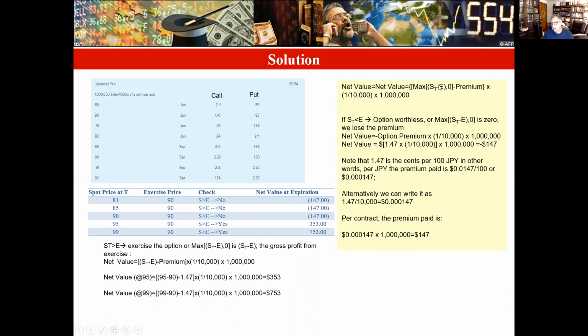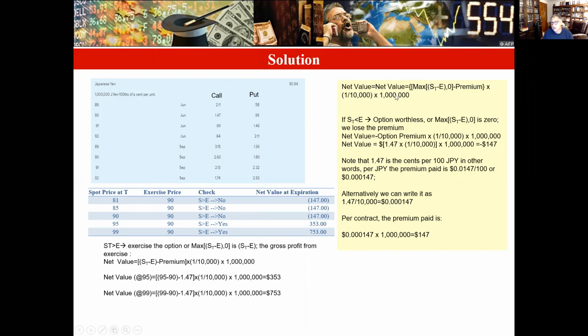We also multiply the exercise price, spot price and premium by 1 over 10,000 so that we get the actual dollar value. And this last one is the units of Japanese yen in one June contract.